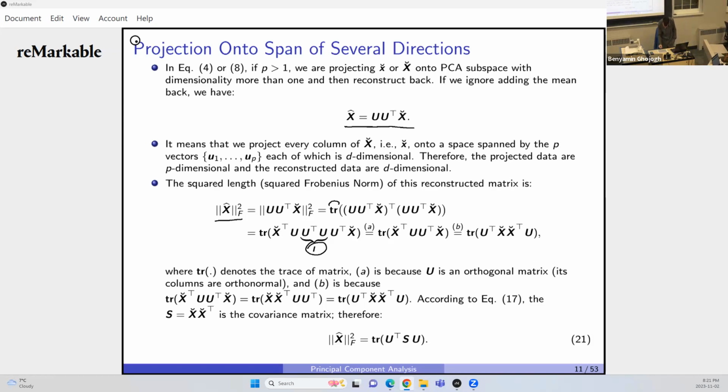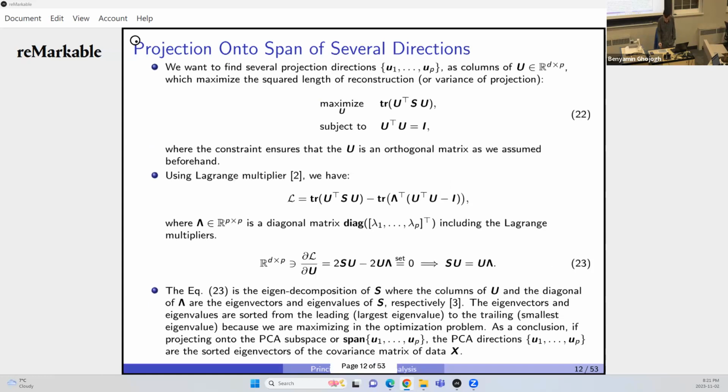Then it's this. We can interpret it again in two ways. Either it's the squared Frobenius norm of X hat, this trace of U transpose SU, or, you tell me, it is the covariance matrix after projection, right? S is the covariance matrix before projection, and U transpose SU is the covariance matrix after projection.